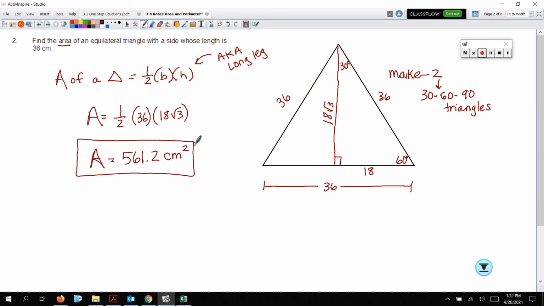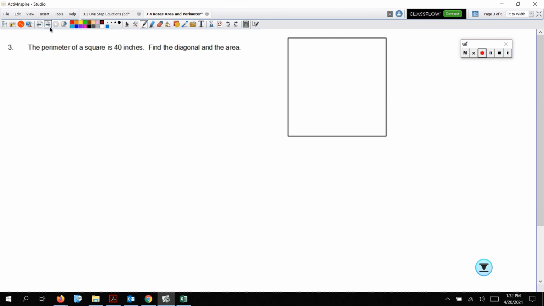Okay, so squares become 45-45-90s, triangles become 30-60-90. Here we have a square whose perimeter is 40 inches. Remember, perimeter is adding up all the sides. So divide by 4, and each side is 10 inches.